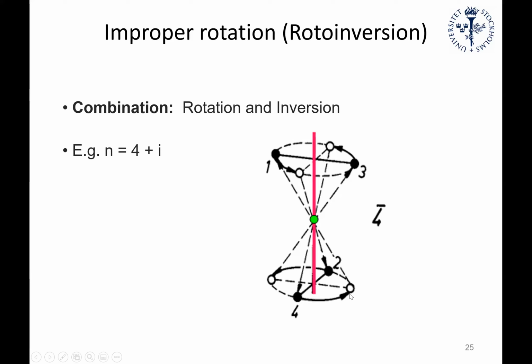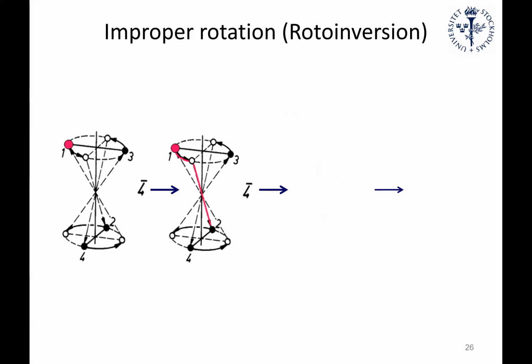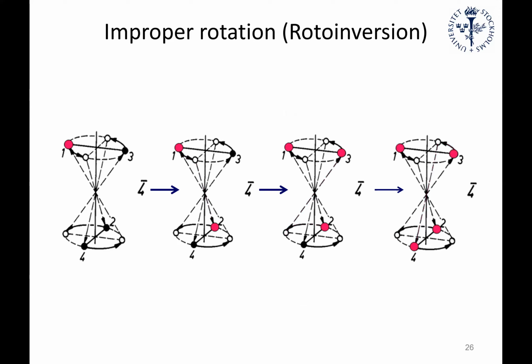So if you rotate it 90 degrees and invert it, you end up at the starting point. So if we repeat this 4 times, we end up with our 4 symmetry equivalent positions related by roto-inversion, this 4-bar symmetry.